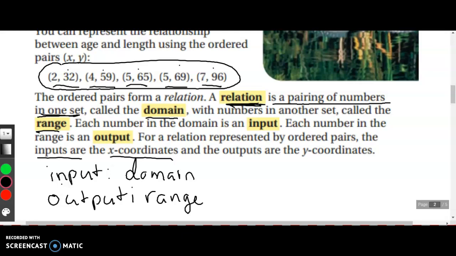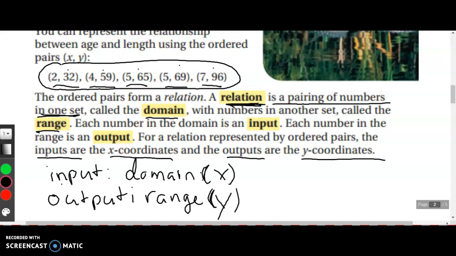So if the input is an x, then that means the domain is the x value, and the outputs are the y coordinates, which means if the output is the range, then the range are y values.